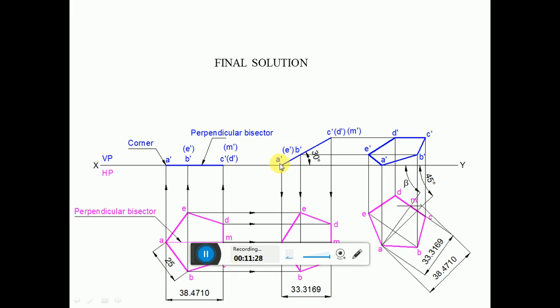The perpendicular bisector passing through the corner is inclined at 30 degrees to HP, and also inclined at 45 degrees to VP. And even in the final position you can see that the pentagon is on the corner. This is how we will be able to analyze the sketch. Thank you.